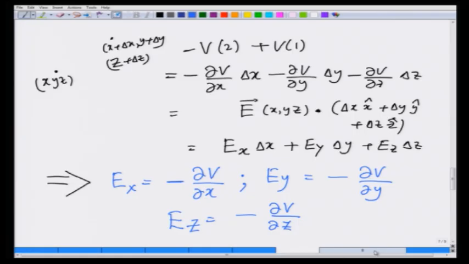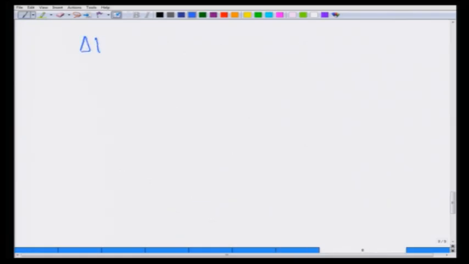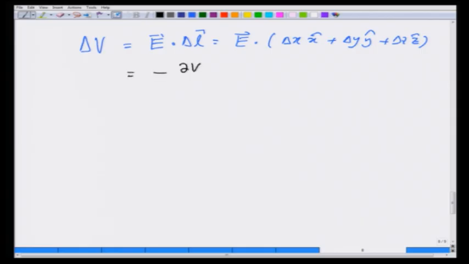And delta V, which is E dot delta L, or E dot delta x x plus delta y y plus delta z z, is nothing but equal to minus partial V over partial x, delta x minus partial V over partial y, delta y minus partial V over partial z, delta z.